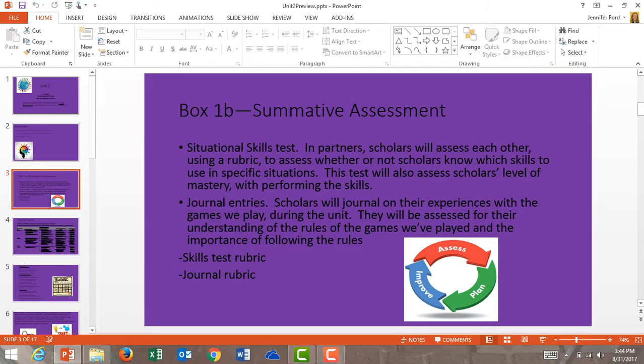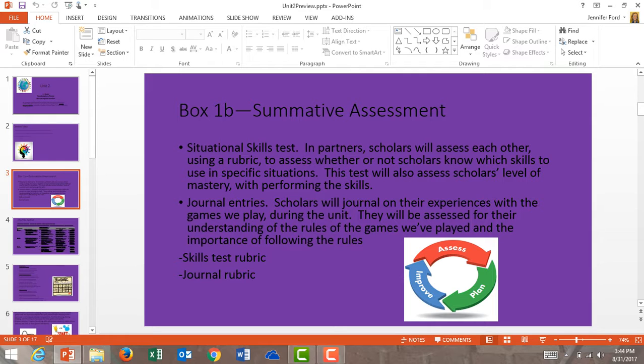Another summative assessment I'm going to use with the third graders on this particular unit are journal entries. They're going to journal on their experiences with the games we've played during the unit, and they're going to be assessed for their understanding of the rules and the games through the journal entries. And I know you're thinking, man, seriously, that's 100 journals.